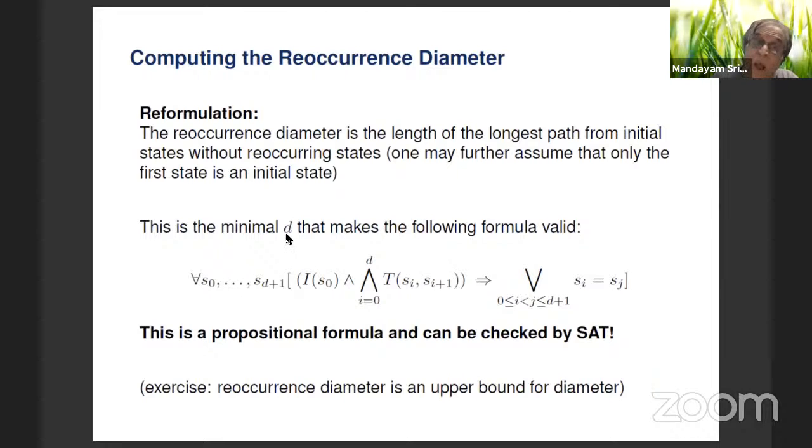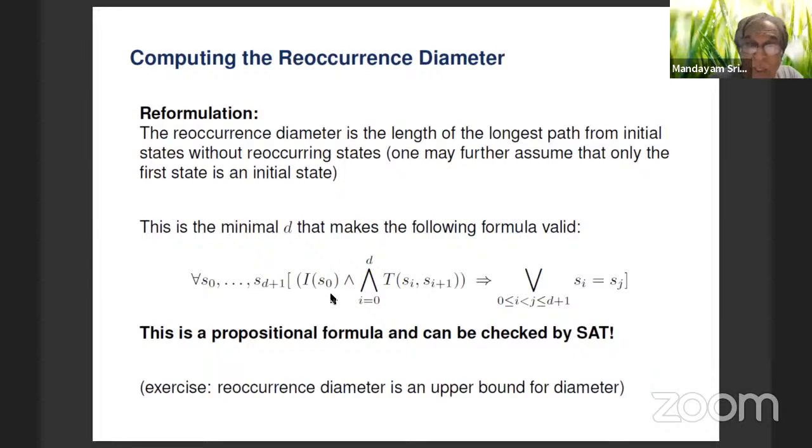But even here, how do you compute the minimal D? That requires repeated SAT calls. You first check this formula for all paths of length 1 and see if it is valid. If not, then you increase D and repose this as a SAT check, a validity check for paths of length 2, length 3, length 4, and so on.